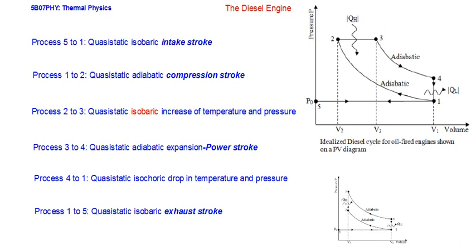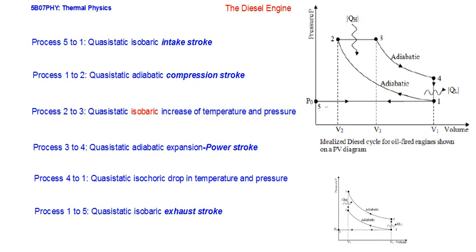For reference, I have added the PV diagram of the working of a gasoline engine at the bottom of the figure. You can see that the PV diagram remains the same everywhere: 5 to 1 and 1 to 2, up to there it is the same. But from 2 to 3, note this stage.